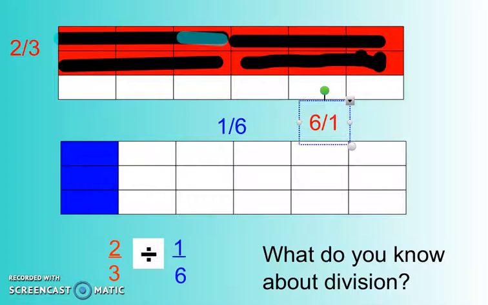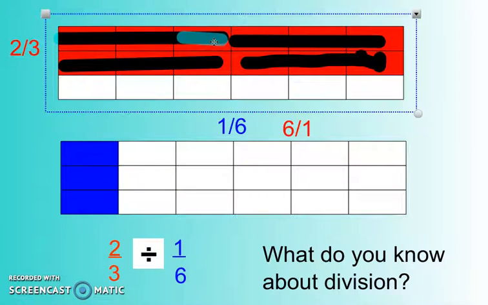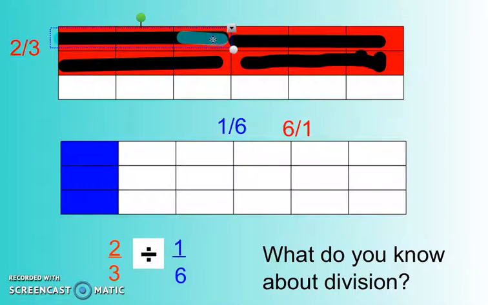And the reason why I know that is because if I multiply these two together, I would get 1 times 6 because they're both numerators, so I multiply them together. 1 times 6 is 6, and 6 times 1 would be 6. So 6 over 6 is 1 whole. So I know that they are a multiplicative inverse. We're going to be using that knowledge to solve a division problem without creating a visual. I just wanted you to see a visual so that you can at least see what we're doing.